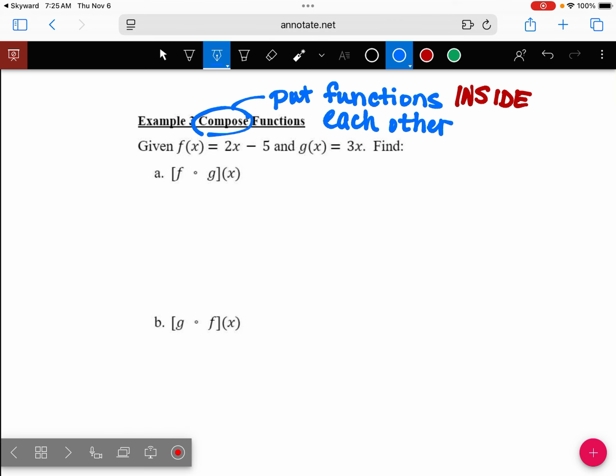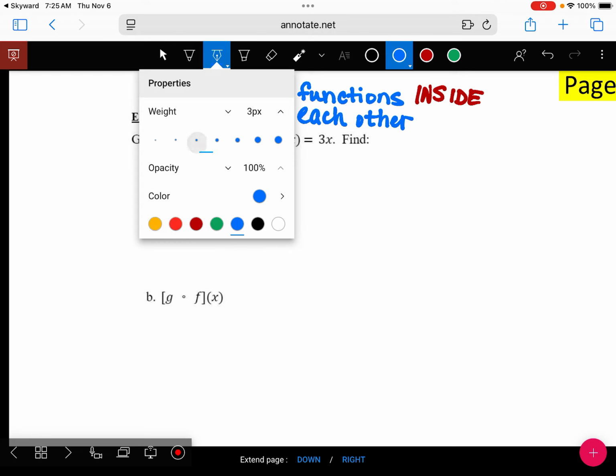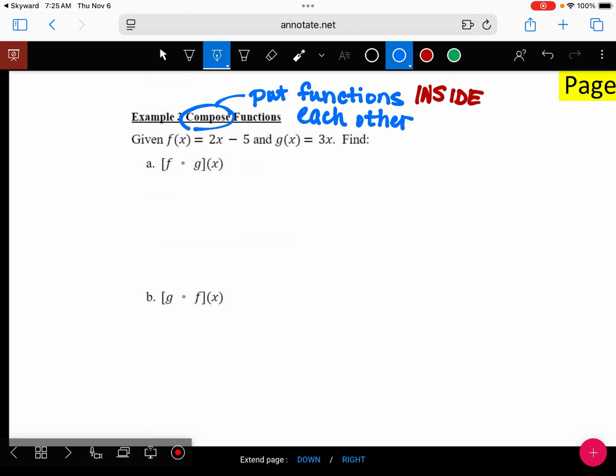So we're on page 6 in our notes. So it's not the same as adding, subtracting, or multiplying. Because we're going to take one thing and put it inside the other. And the symbol for composition is an open circle. So F open circle G of X.